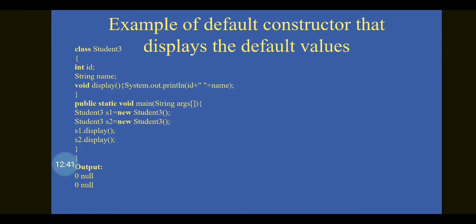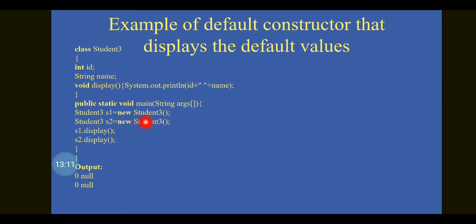So let us have one more example, a default constructor that displays some default values. Let us have class Student3 as the class name, and within the braces let us have the instance variables int id and String name, and a method void display(). In that method, System.out.println of id plus name.